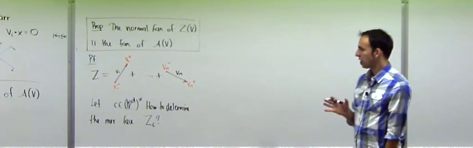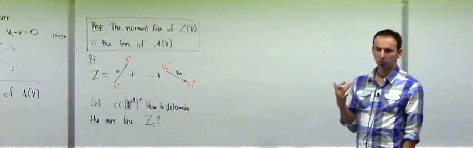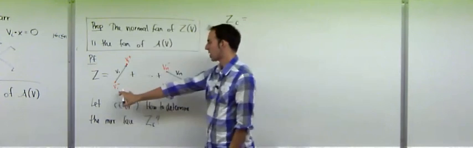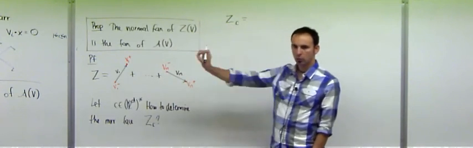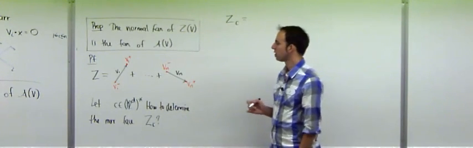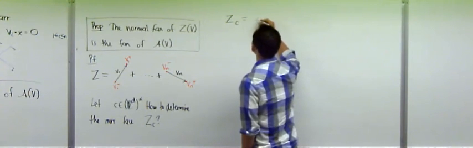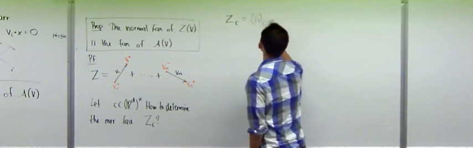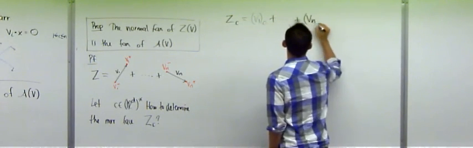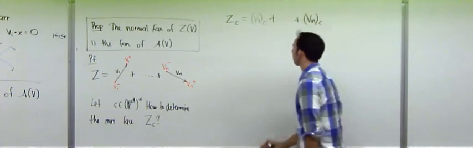Well, one thing that you should remember is that if you want to compute the maximum face in some direction of a Minkowski sum, then you can do it summand by summand. Okay, so we can say what is V1 sub C plus dot dot dot plus what is Vn sub C. Okay.